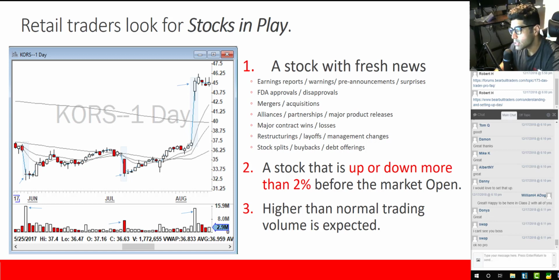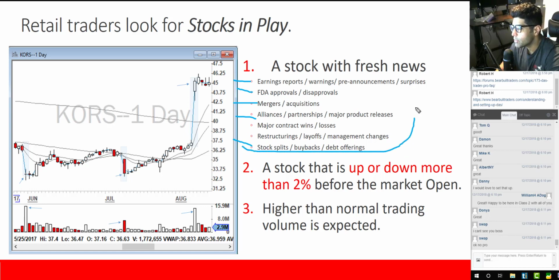In this industry, we call them stocks in play. These are usually stocks that have some fresh fundamental catalyst news. These are news that directly affect the company and its operation on a fundamental basis, like earnings, FDA approval, merger and acquisition, partnership, contract win or loss, restructuring, layoff, buybacks, debt offering, and these kinds of things.